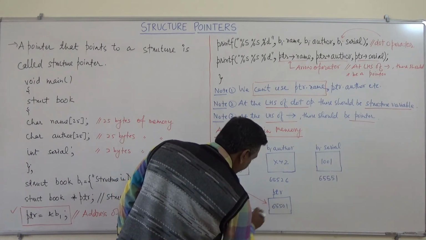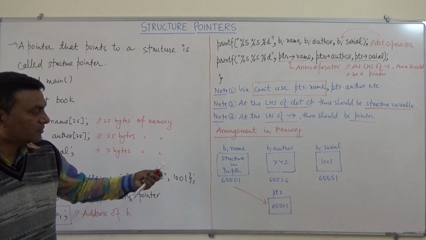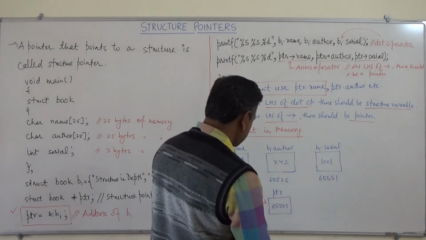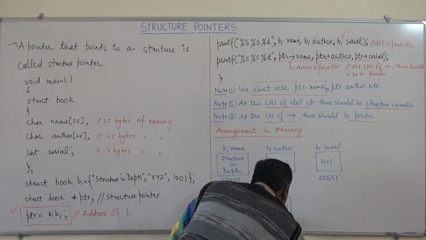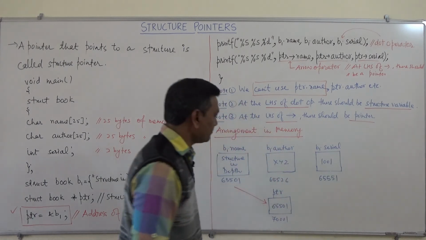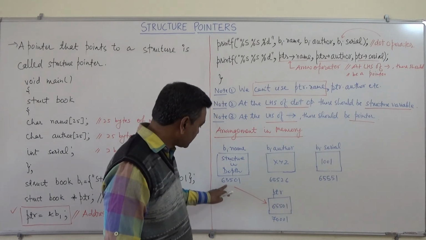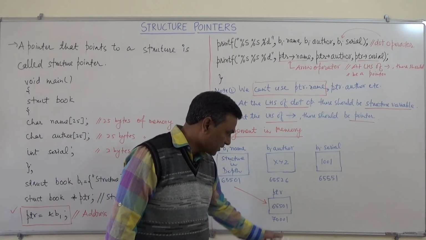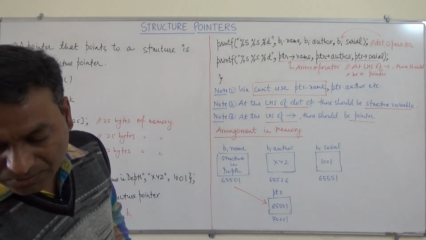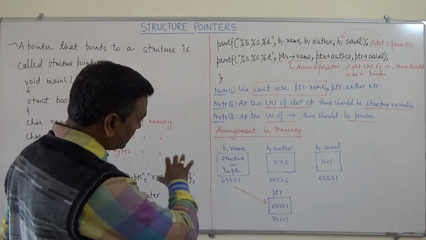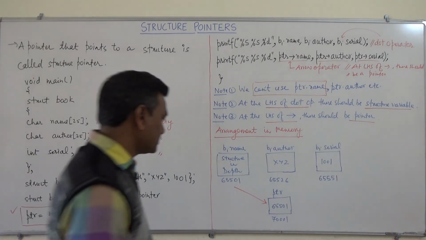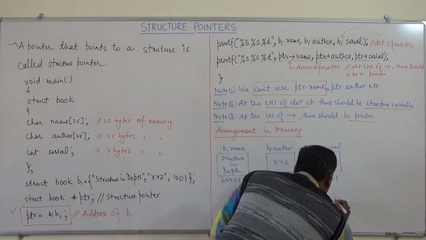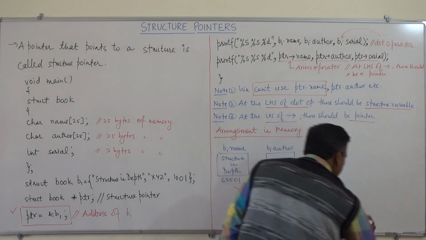The pointer itself has its own address, say 70001. So this is the arrangement in memory of these different items, and this is the base address of the structure.